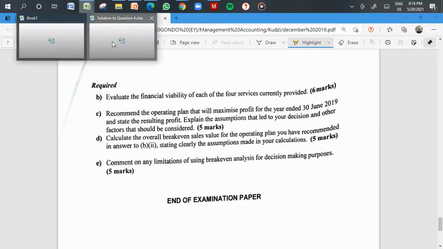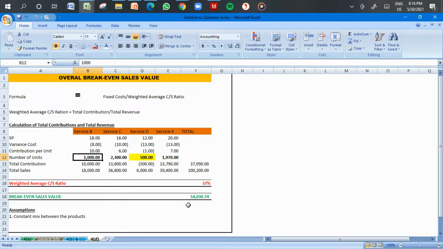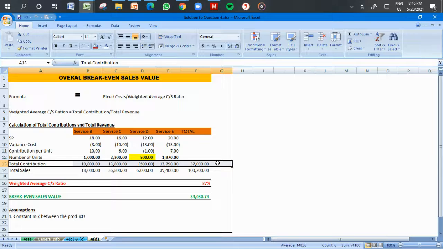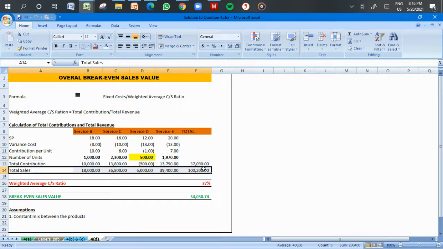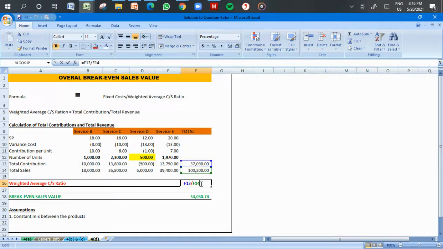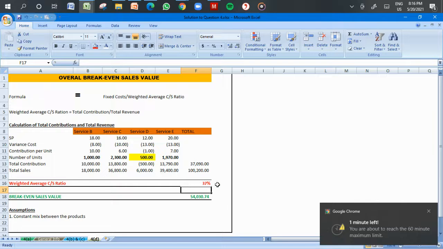It was simple: fixed cost divided by the weighted average contribution sales ratio when you are dealing with multiple products. I calculated my total contributions and my total sales, and divided these two to get 37%, the weighted average contribution ratio.